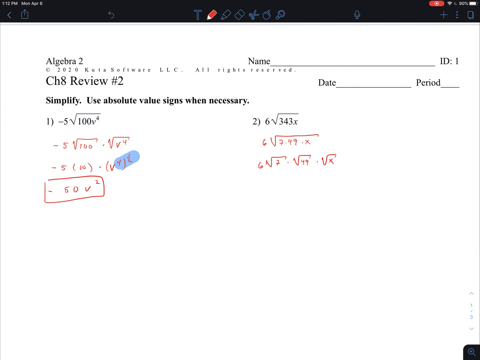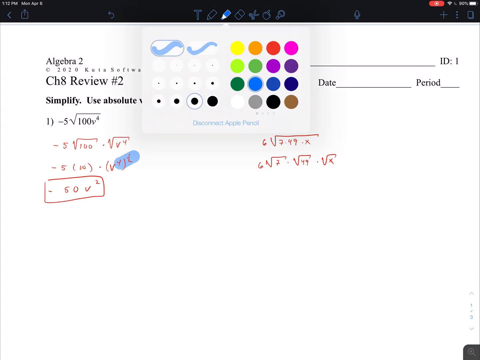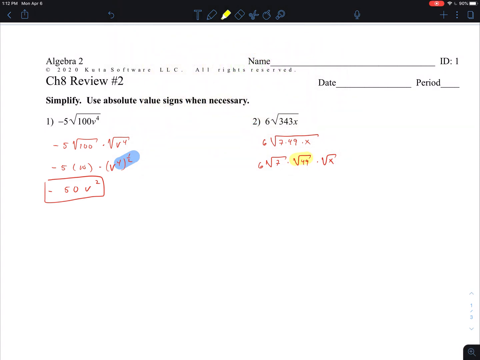So we know that the square root of 49 here is 7, and we really don't have to worry about the positive or negatives here. So this looks like it's going to be 42, right? The square root of this is 7, right? And then whatever's left over in the radicals. You guys okay?